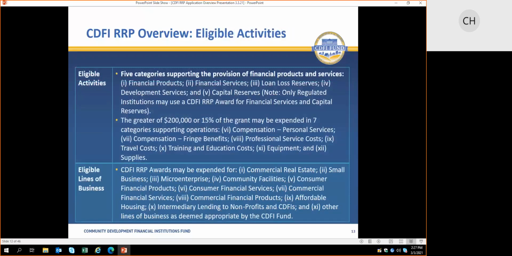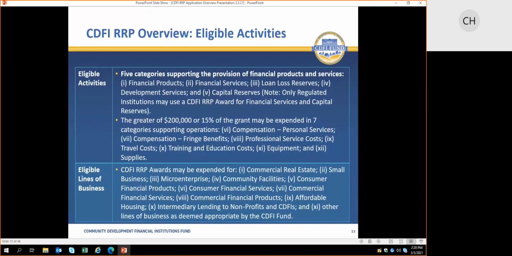Next, the eligible activity categories should be familiar to those of you who have applied for a CDFI program or NACA program award in the past and or received one. The full array of financial assistance and technical assistance eligible activity categories are applicable to the RRP program. We do have some more nuanced rules.